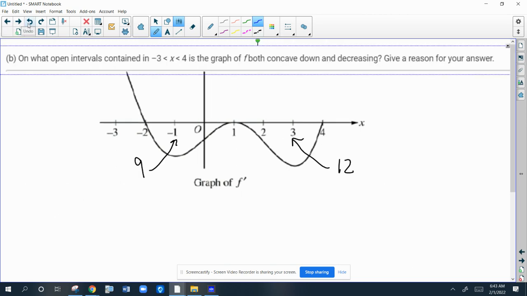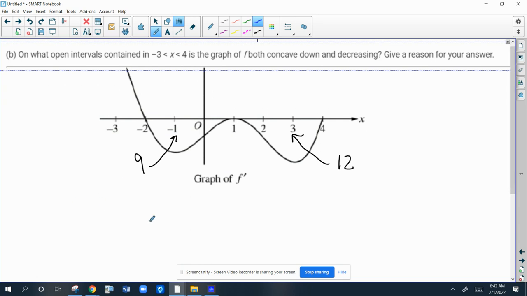Next question. Concave down and decreasing on what intervals? So give a reason. I'm going to give the reason again. For a graph to be concave down, its derivative must be decreasing.